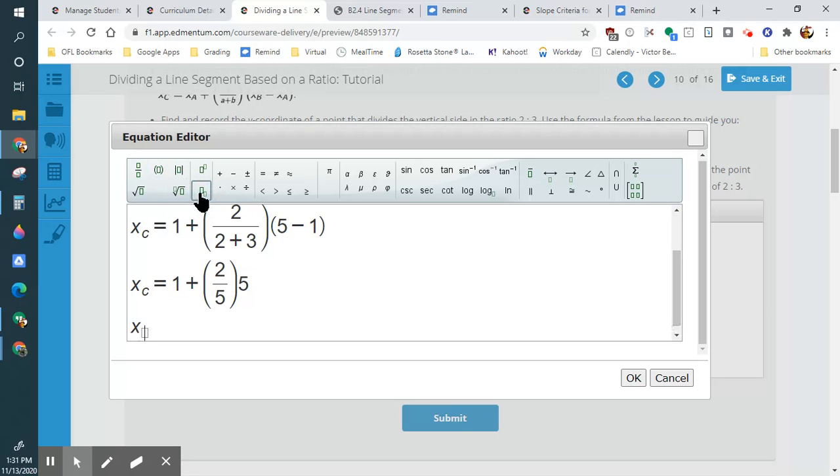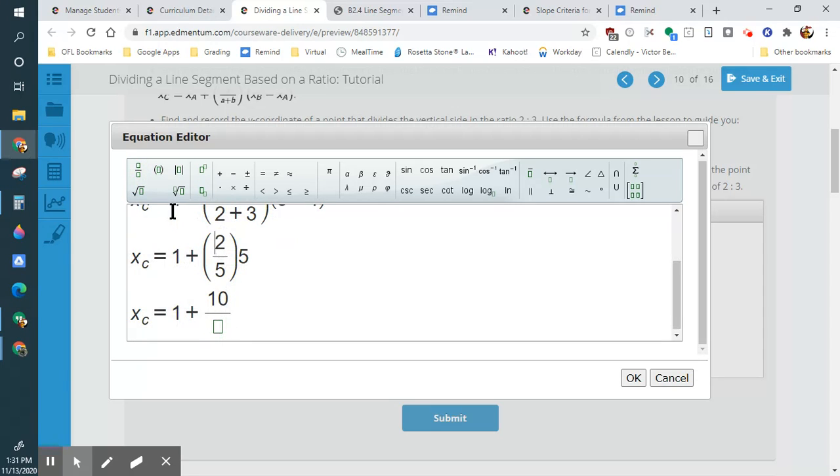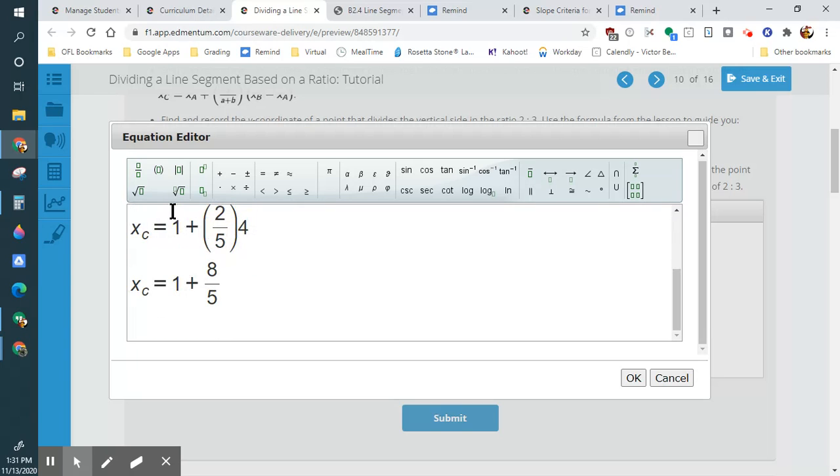Equals 1 plus the fraction 10 over, oh, I'm sorry, this was supposed to be a 4. I was like, wait, that's perfect. 8 fifths. So considering that another way of saying 1, I had that copied, so I just pasted it.